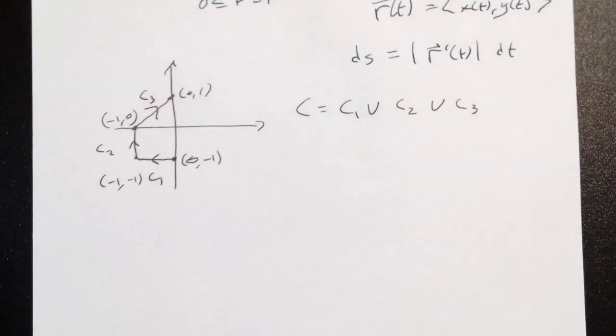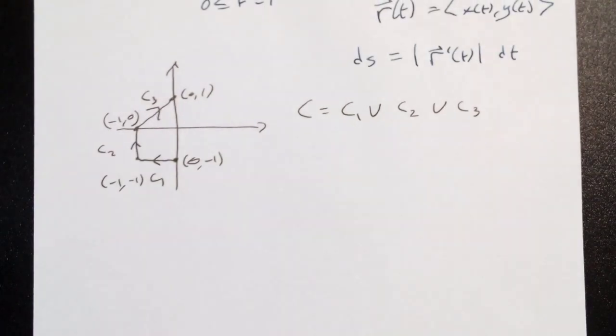Okay, so here's my question for you. We did this back in chapter 13. How do we describe the line segment C1?